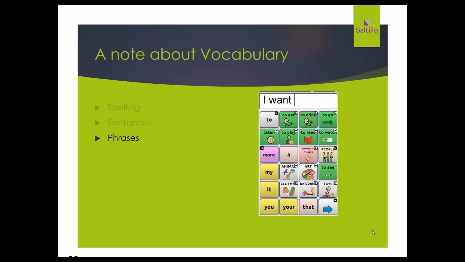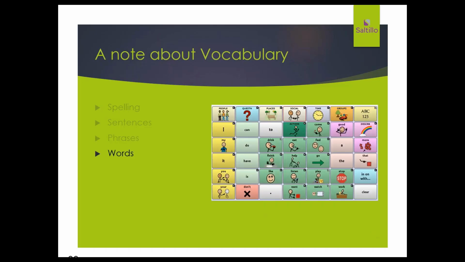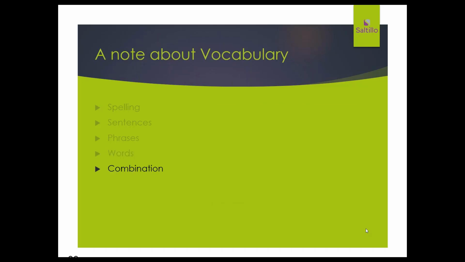Phrases might help, and then words as well. You can use a combination of all of that, but it's important to use it at the client's language level and make sure their AAC device has the ability to meet those functions of communication. So take a quick second and think about the AAC user you are considering during this training, or the AAC users that you work with, how their vocabulary is organized, and making sure they can reach all those different communicative functions.